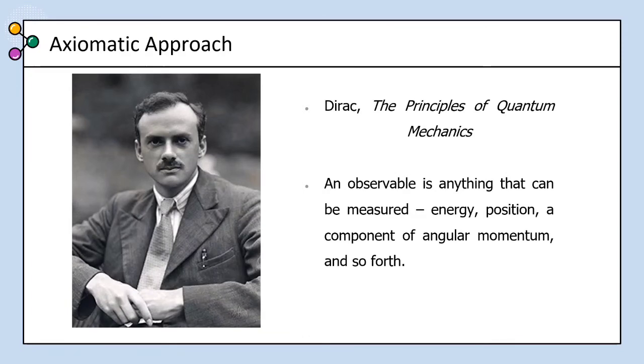An observable is anything that can be measured, like energy, position, a component of angular momentum, and so forth. Every observable has a set of states, each state being represented by an algebraic function. With each state is associated a number that gives the result of a measurement of the observable.